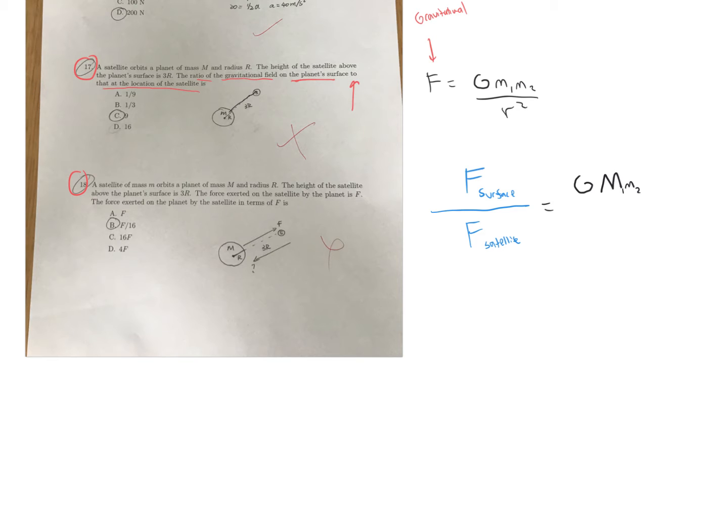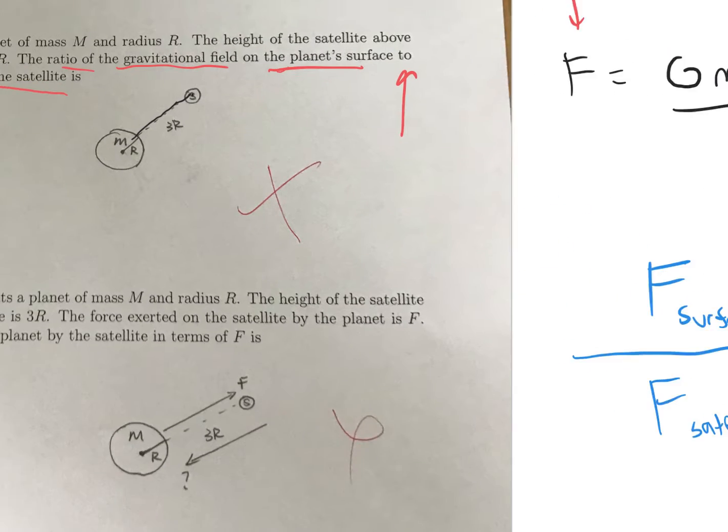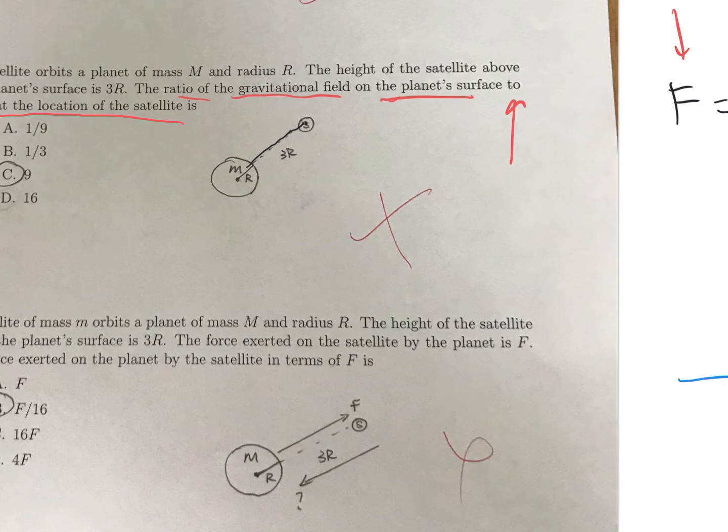So when we're fleshing this out, we need to realize that we're really dealing only with the gravitational force at the surface, and therefore the distance that we're considering is this point. We're considering the distance between the blue point and the green point.